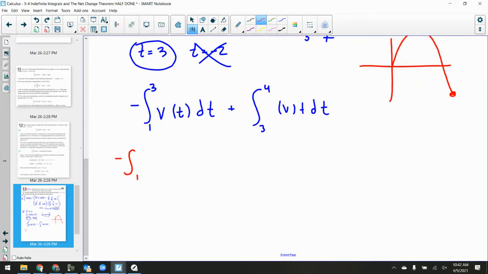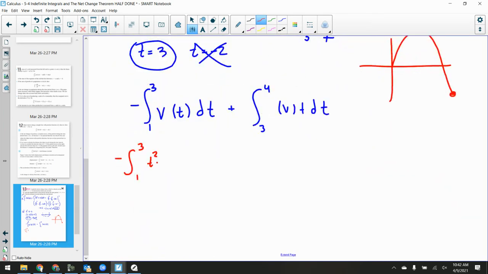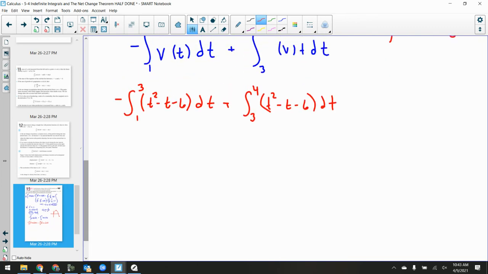Switching colors. Okay, the integral of t squared minus t minus 6 dt, from 1 to 3 (taking its opposite), plus the integral from 3 to 4 of t squared minus t minus 6 dt. Let's find both integrals. So we've got t to the third over 3, minus t squared over 2, right? Yep, thanks. Sometimes I forget those.